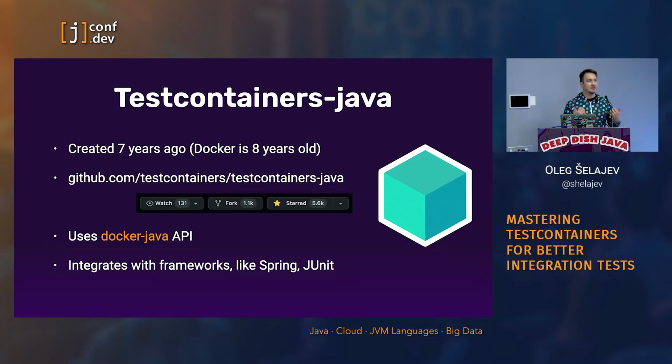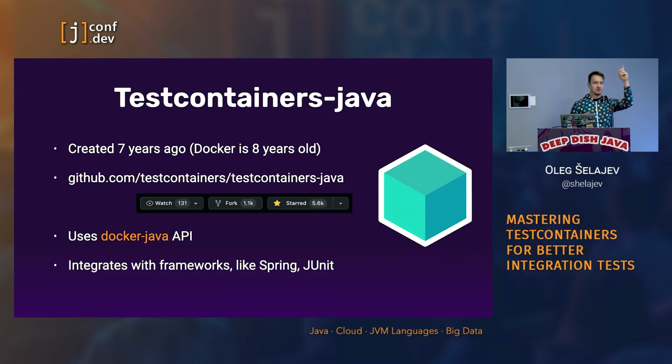It uses the Docker Java API, which means that it runs with any compatible Docker environment. It doesn't have to be Docker Desktop. It doesn't use the command line, so it can do more things than you normally can with just running Docker yourself. It uses that extensively, for example, for cleanup, configuring networks, and making sure that containers can talk to each other, and it integrates with frameworks.